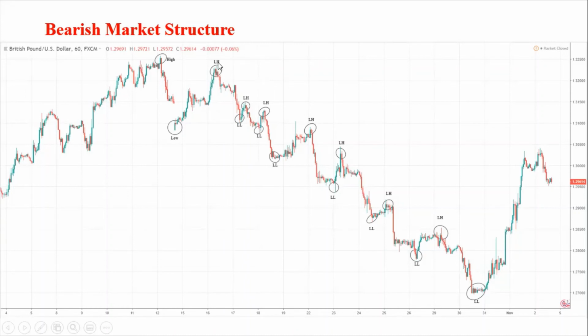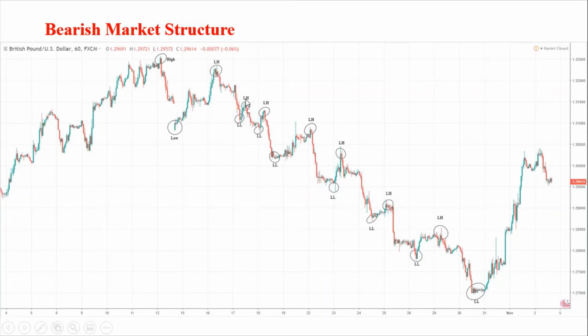So from the lower high, the market coming to this low here, this will be our lower low zone. Why is it our lower low zone? Because this zone is lower than this previous zone that was here. So this will be our lower low.